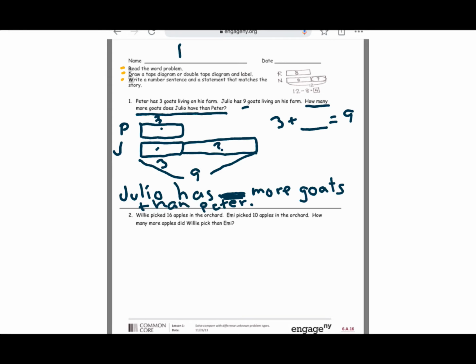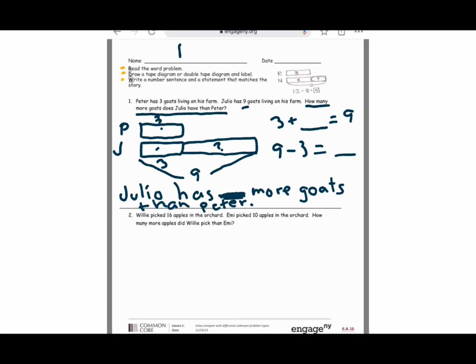Or, boys and girls, we can use a different number sentence. We can say that Julio has 9 goats, and you can take away the 3 that Peter has. How many more does he need to get as many as Julio? So you can use either number sentence to solve your problem.